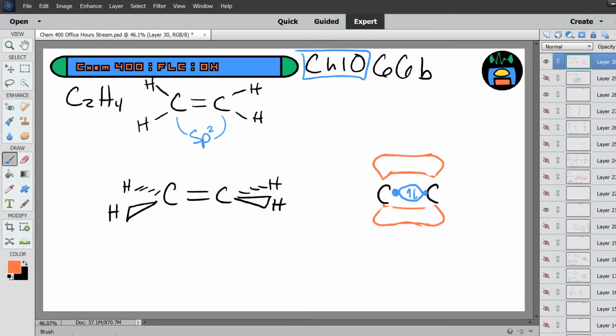Now let's clean up the structure just a little bit. We're going to shade one of our 2 lobes. Place our electrons. Now, we've got 2 wedged sigmas.